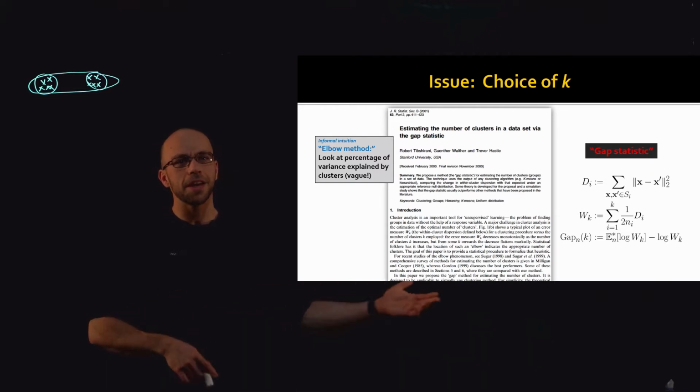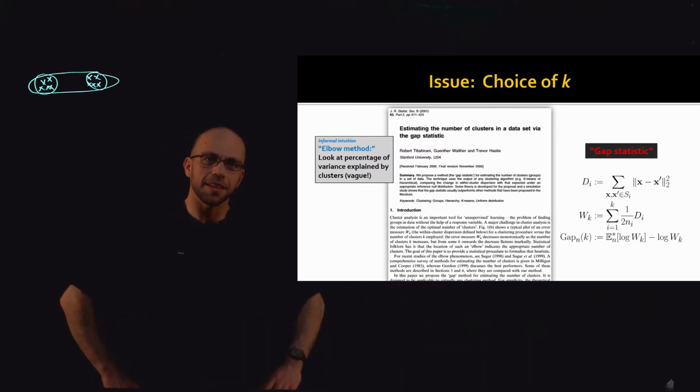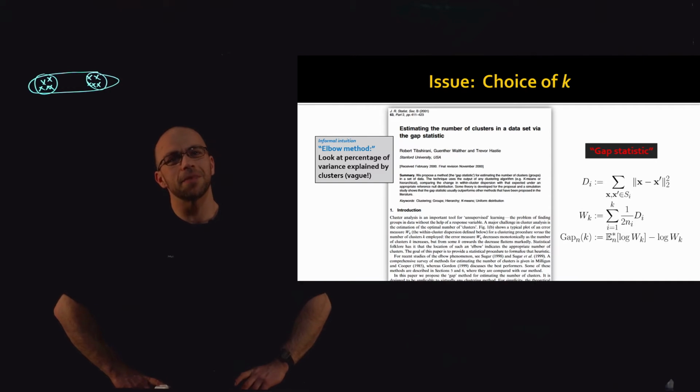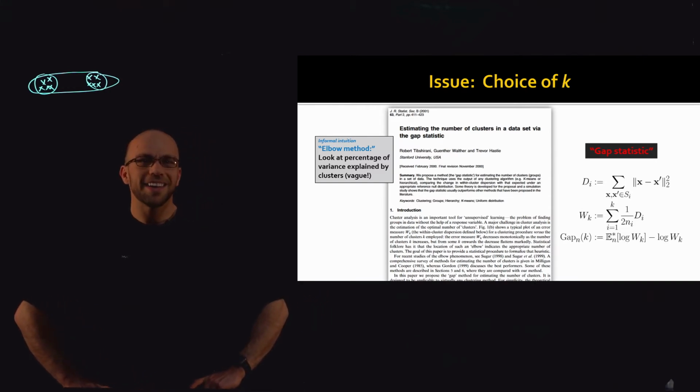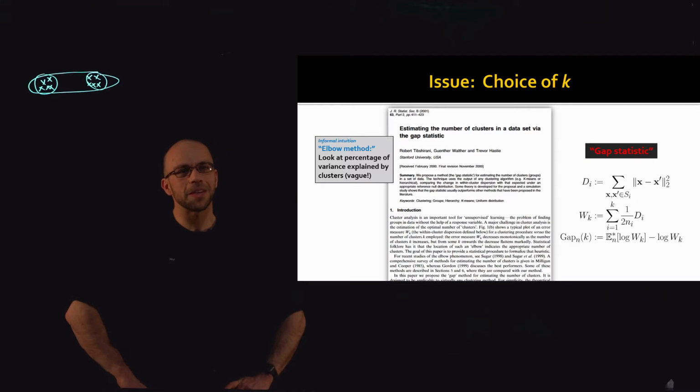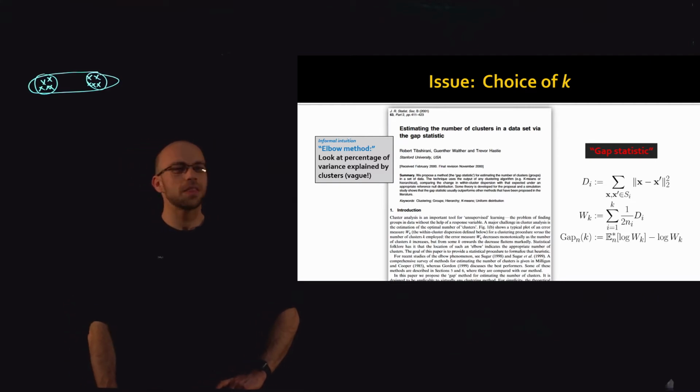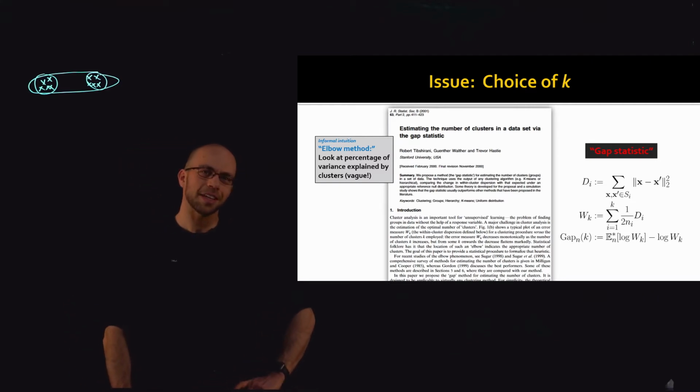And then W_k is basically the average of these, or the sum of them normalized by their size. The Gap statistic compares the log of the variance that you observe in your clustering with the log of the variance that you observe in a random clustering.